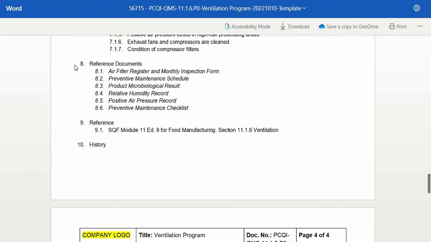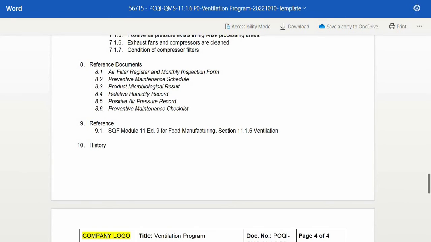Eighth is reference documents. The reference documents are the set of documents used to implement and monitor a program, policy, or procedure. It includes air filter register and monthly inspection form, the preventive maintenance schedule, product microbiological results, relative humidity record, positive air pressure record, and the preventive maintenance checklist.